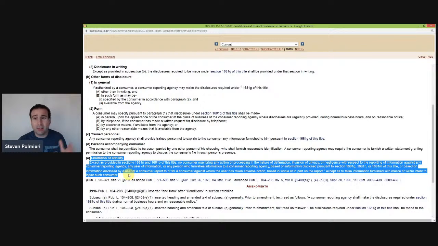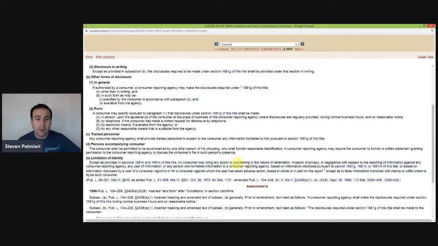Well, they're basically saying this law assumes that the consumer reporting agencies and the furnishers are going to start from a position of telling truthful stories, essentially, with reasonable procedures to assure a maximum level of truthfulness. Because of that, what Congress said is that consumers no longer have the right.